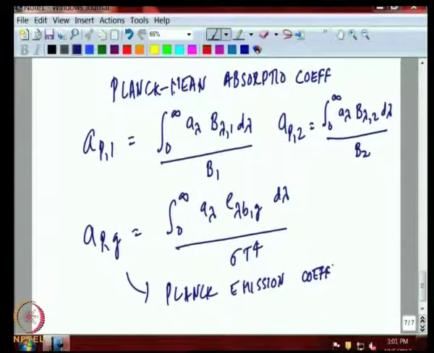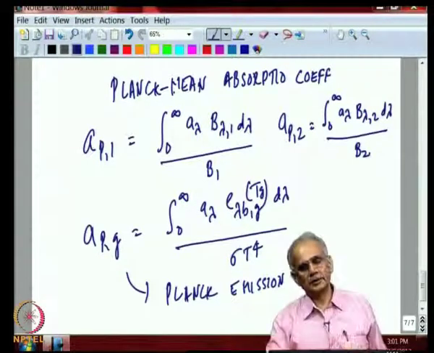This is because this coefficient is weighted by the black body function at the gas temperature. So, it has all the required conditions satisfied to call it an emission coefficient. But historically this has been called absorption coefficient.